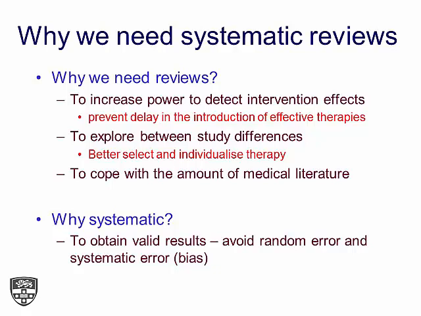Well, we need reviews, that's clear. Why do we want systematic reviews? Well, we want to base our policy and practice upon valid results. We want reviews which have got all of the data rather than a select, probably biased sample of the data to avoid random error and systematic error.